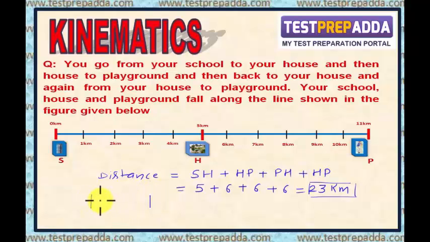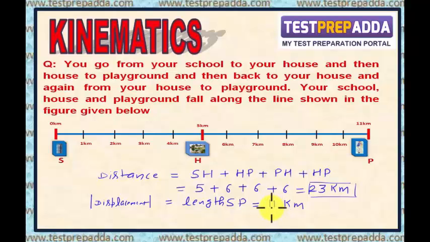The magnitude here will be equal to length SP, meaning the distance between school and playground, and from here you can say 11 kilometers. So the magnitude of the displacement is 11 kilometers.